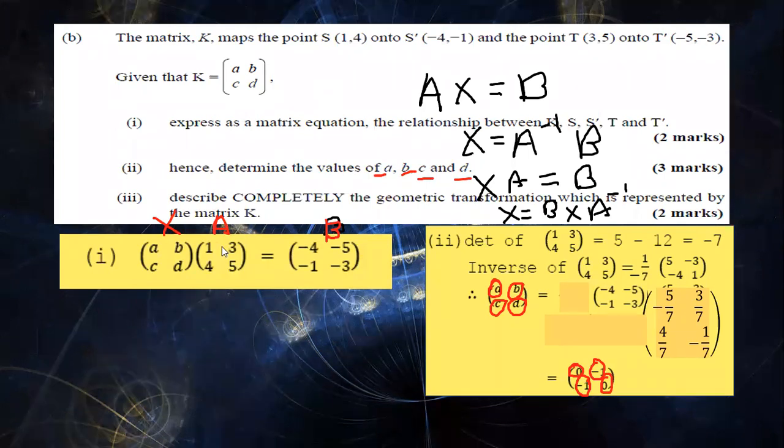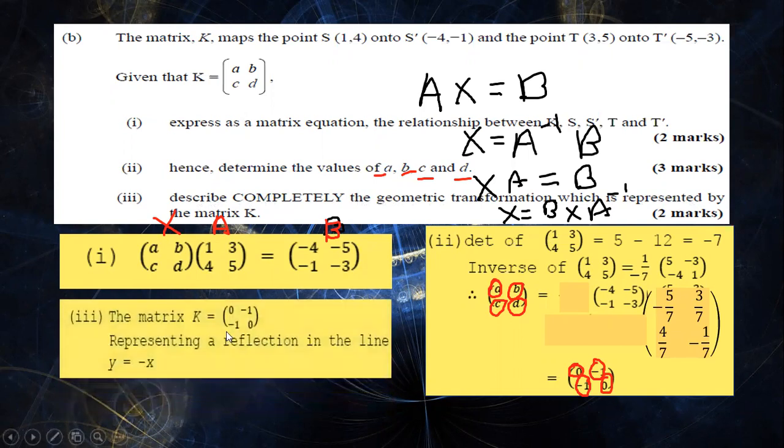Great stuff. Let's look at number 3. It says describe completely the geometric transformation which is represented by the matrix K. Any matrix of that kind, K equal to (0, -1, -1, 0), represents a reflection in the line y equals -x. And how do we know? That's one of the properties in the syllabus to learn.